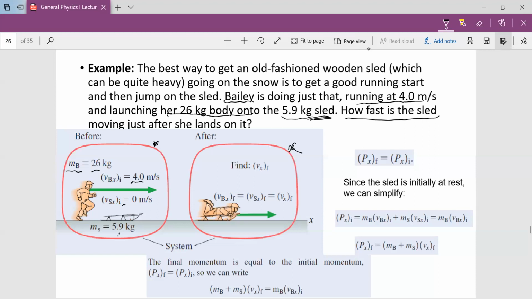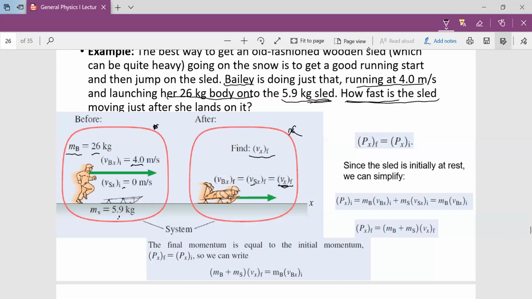When she jumped on the sled, she proceeded with one velocity, so both her velocity and that of the sled moved as one. The final velocity of Billy is also equal to that of the sled, which gives us the final velocity of the system. And the question is asking how fast, which is what is the final velocity.